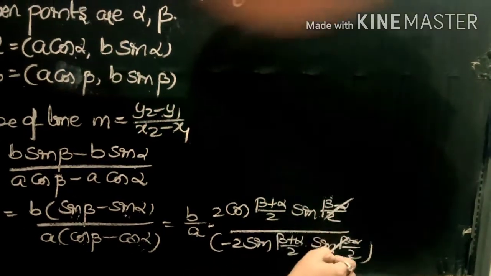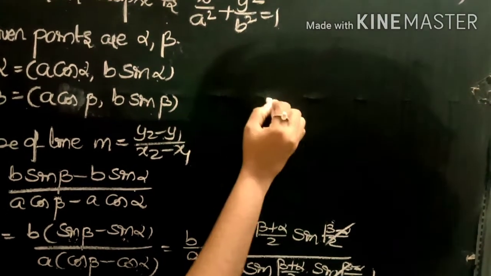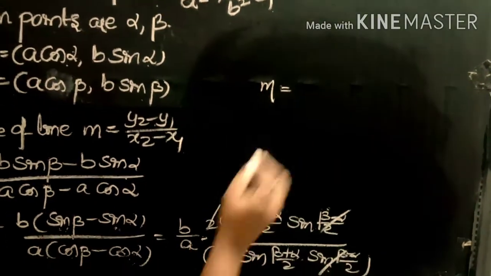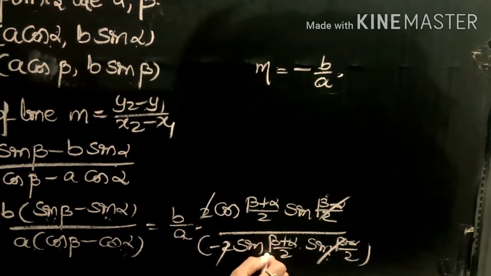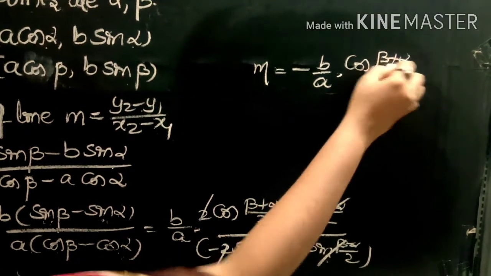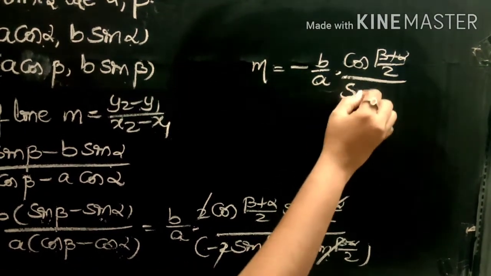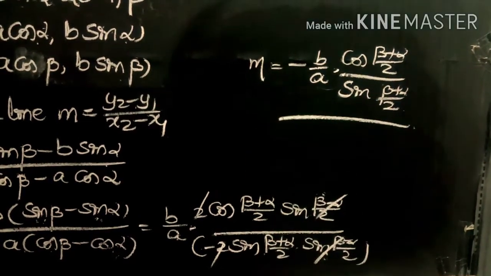Now here sin (beta minus alpha) by 2 gets cancelled, 2 and 2 also get cancelled. So the remaining value is, therefore, m is equal to minus b by a into cos (beta plus alpha) by 2 whole by sin (beta plus alpha) by 2. This is the slope value.